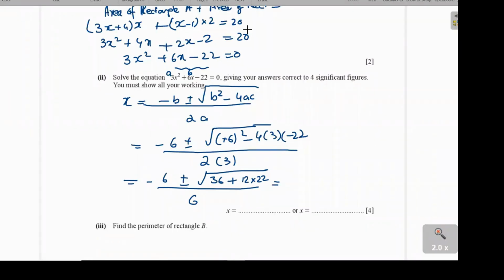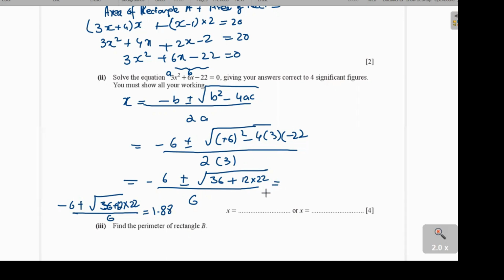Minus 6 plus the square root of 36 plus 12 multiplied by 22, over 6. The answer is 1.886.